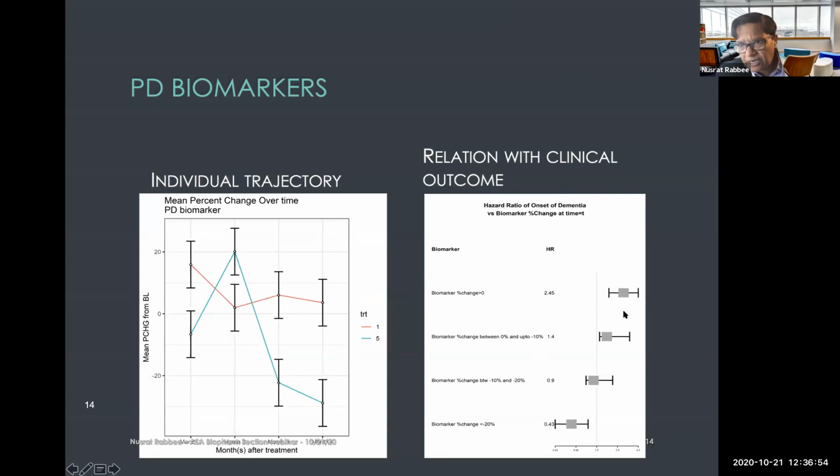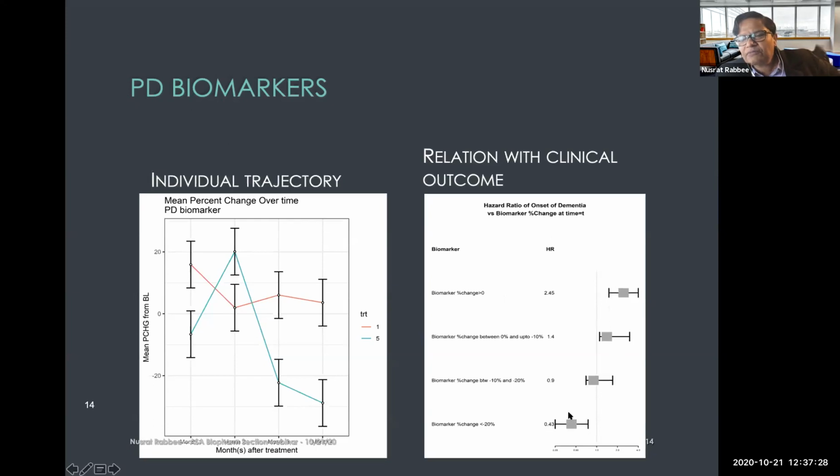So biomarker actually increased, decreased 0 to -10, -10 to -20, and greater than -20. So dipped below 20% from baseline. And you can see how the hazard ratio of the event of interest is varying. So for those who had biomarkers increasing at time t, you can see that the first row, these is going to be mostly the placebo group.